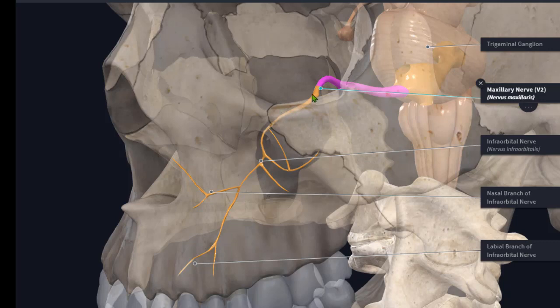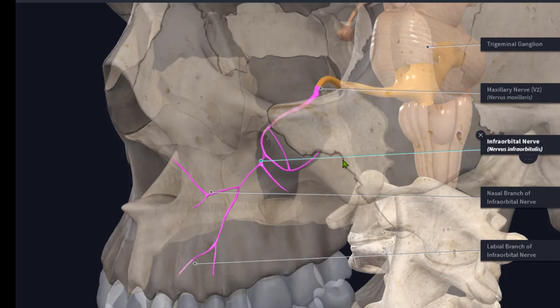So at the pterygopalatine fossa you will find the infraorbital nerve that is coming through the orbital fissure and coming towards the maxilla, and it is giving many branches, mainly two branches, the nasal branch and the labial branch.